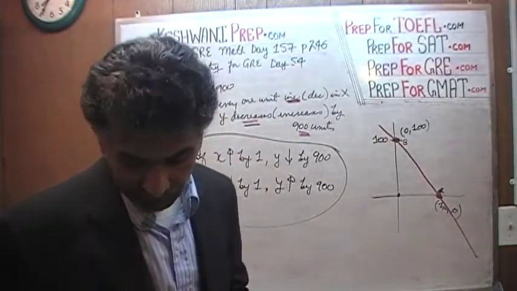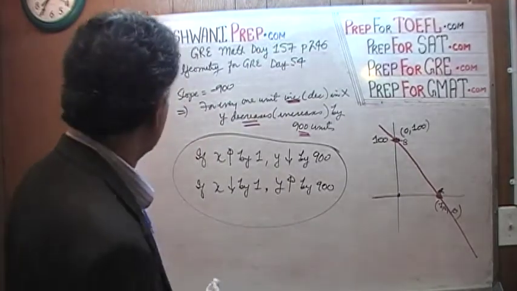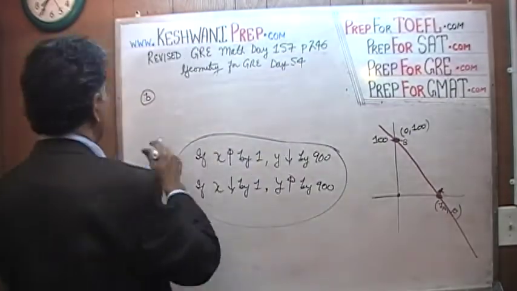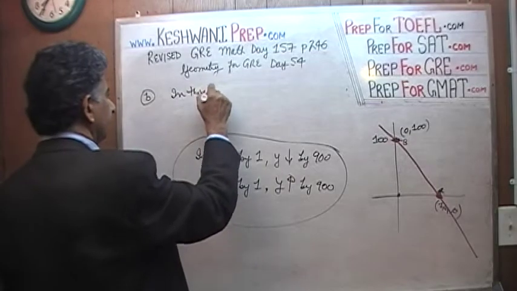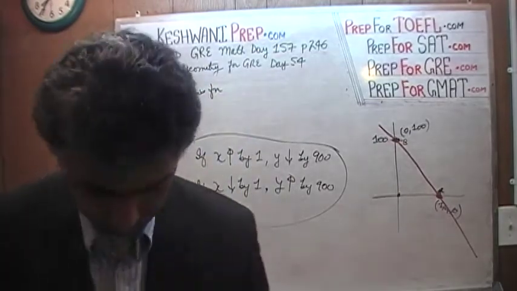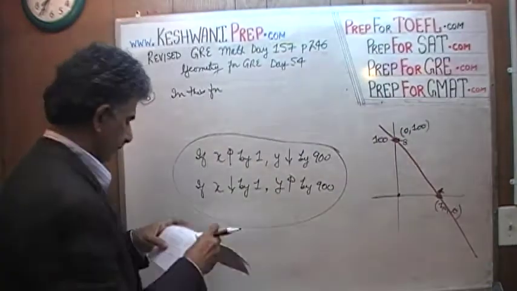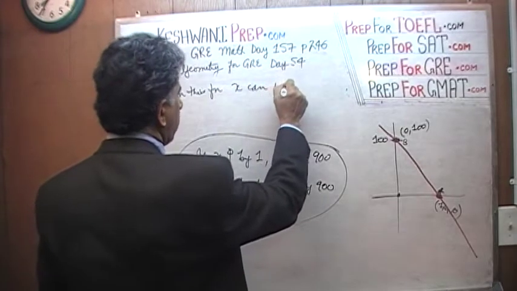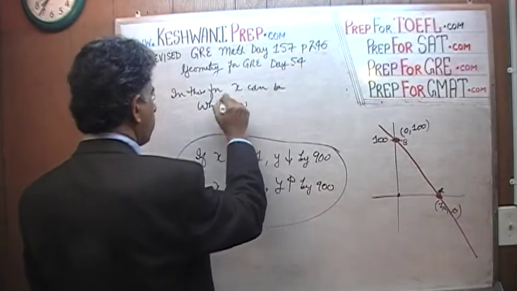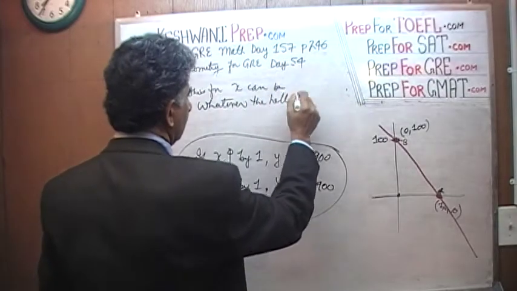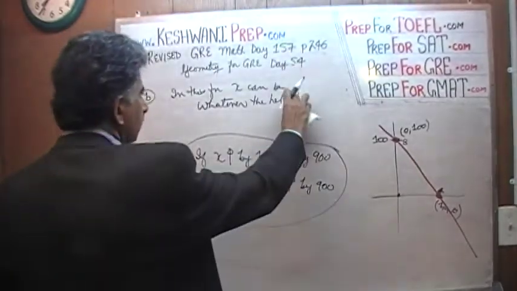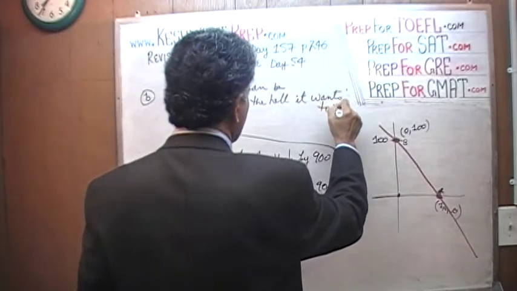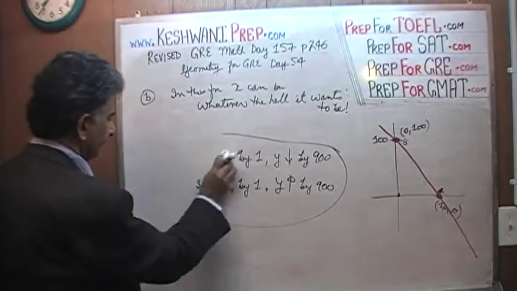What values can x take here? In this function, x can be whatever it wants to be.